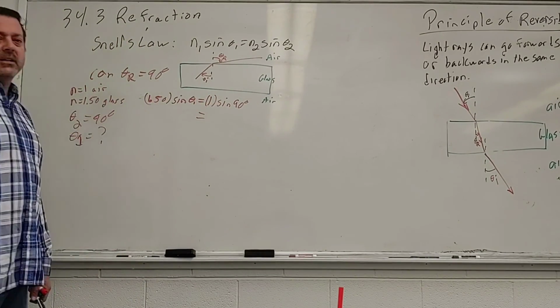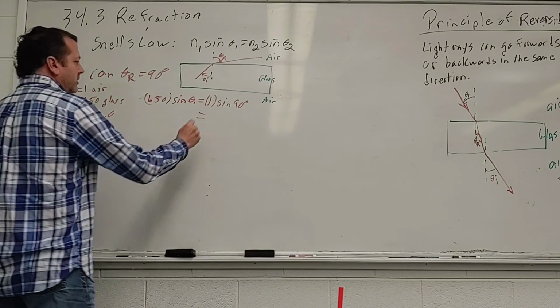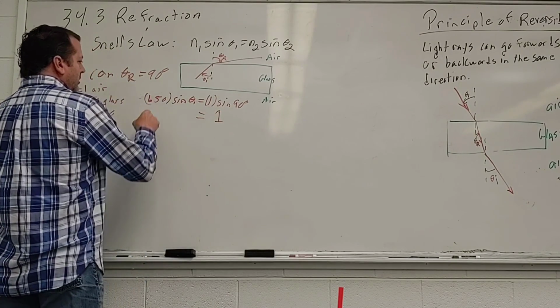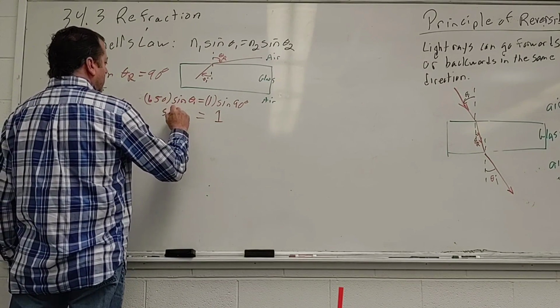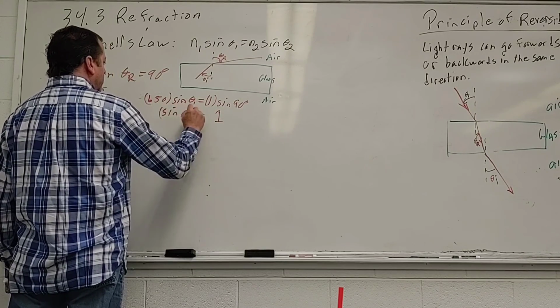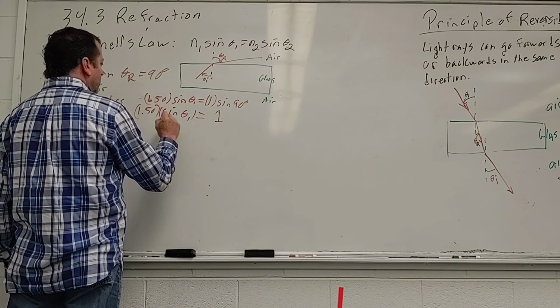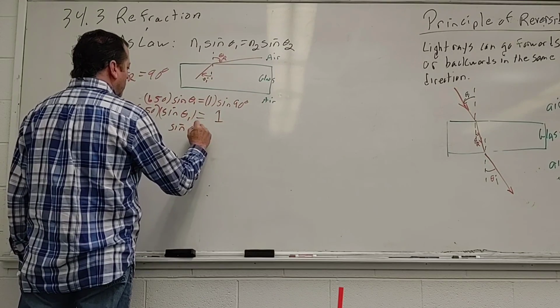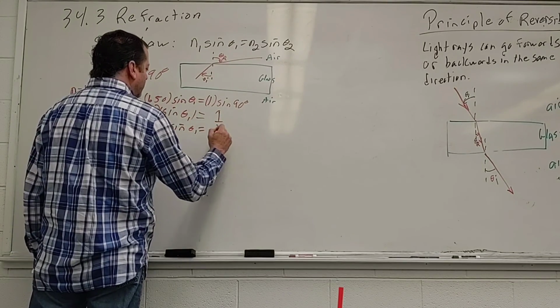Well, what's the sine of 90 degrees? It's 1. So sine of theta 1 equals 1 over 1.50.